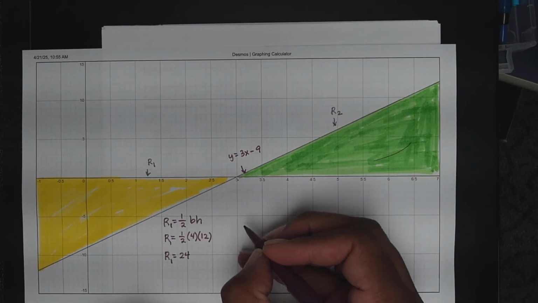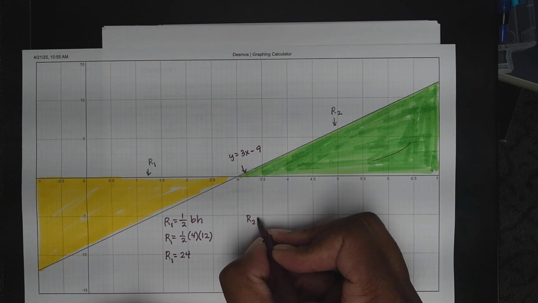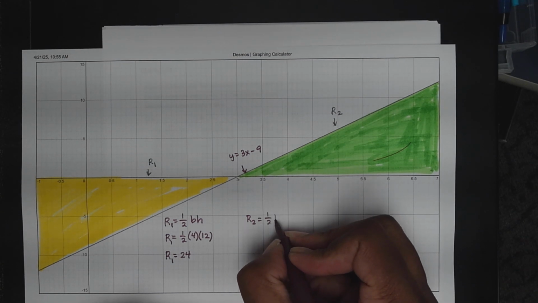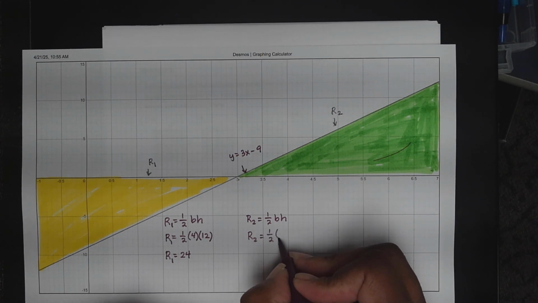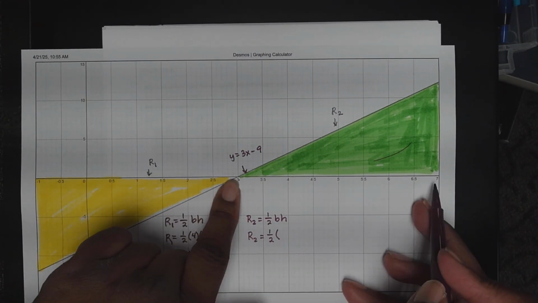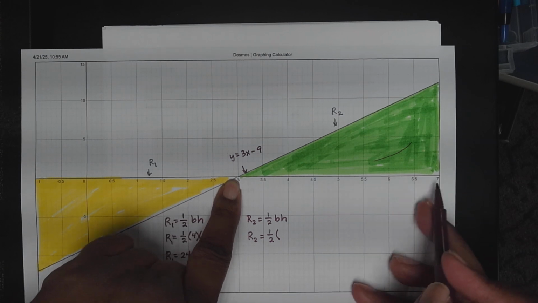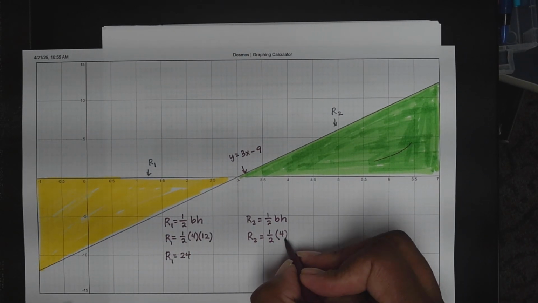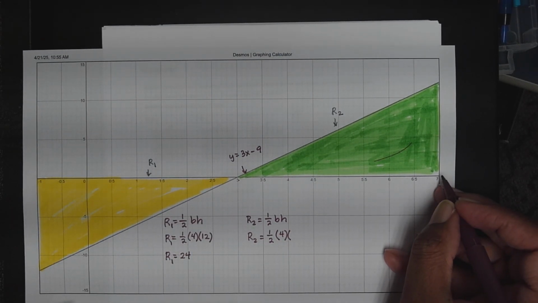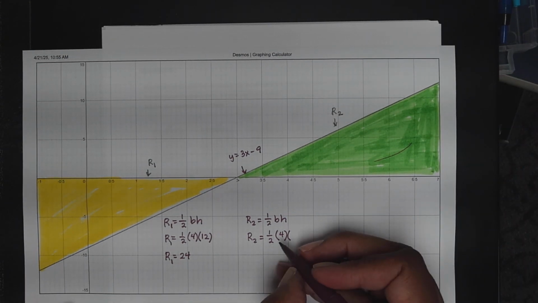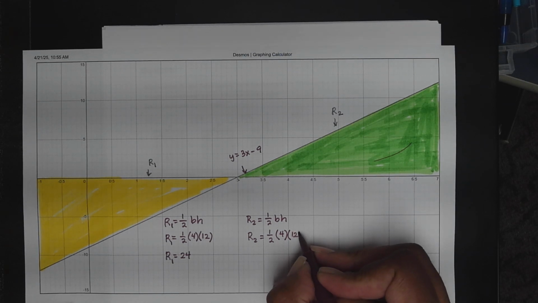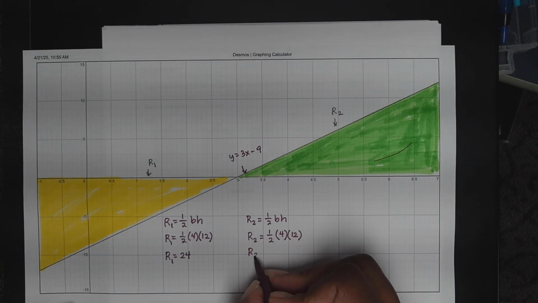Now for this region here that's in green, that's also a triangle, and we can find its area by taking 1/2 the base times the height. From 3 to 7, that's 4, so the base is 4. The height at 7: 3 times 7 is 21, and 21 minus 9 is 12. So the height there is 12.